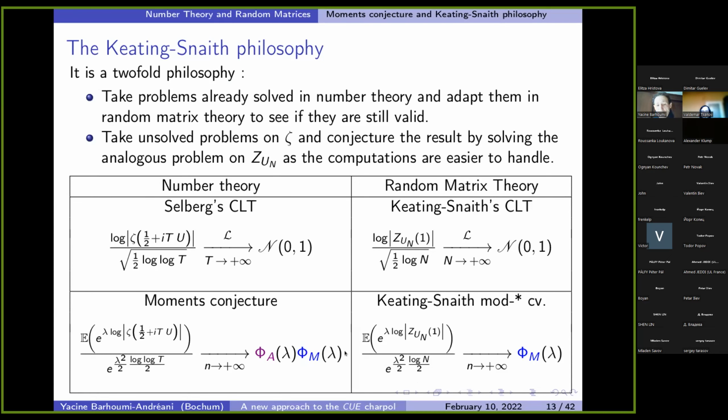So there is a universal term which concerns the roots of the zeta function and the eigenvalues of the unitary matrix. And this is universal. This is the Keating-Snaith philosophy. And this is interesting because you can compute on the unitary group. And how can you compute?